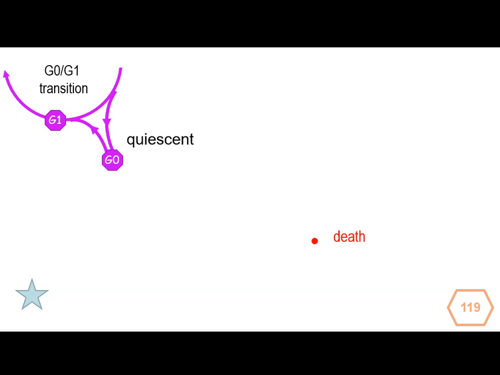Okay? From quiescent to death, the process is called senescence, aging. The whole process is called aging, because once you activate the senescence process, there's no way to go back. When you get old, you don't get young, okay? There's no such thing to go reverse way, okay?